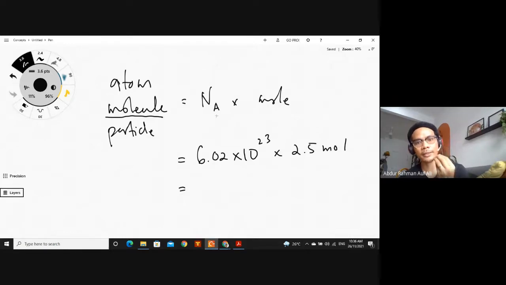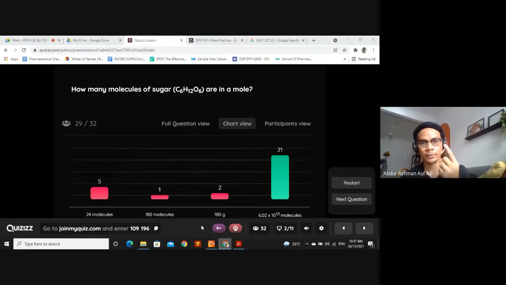Bila Avogadro constant ni, it is called a constant, it is called a number because the values doesn't change. And Avogadro number will always be 6.02 darab 10 kuasa 23. So kalau dalam soalan tadi ditanya 1 mole sugar. Okay, kamu tengok. That's why tip yang saya bagi tadi. Kalau kamu dah faham, kamu tak perlu buat calculation pun.